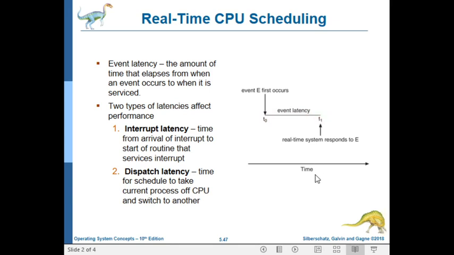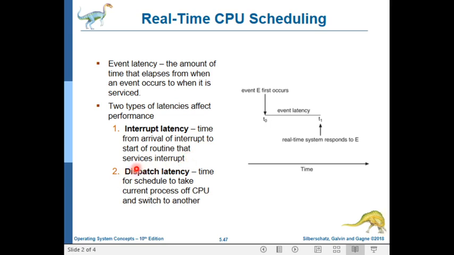We have 2 types of latency that affect performance. The first one is interrupt latency. The definition is more or less like the event latency. Interrupt latency can be defined as the time from arrival of an interrupt to the start of the routine that services the interrupt.